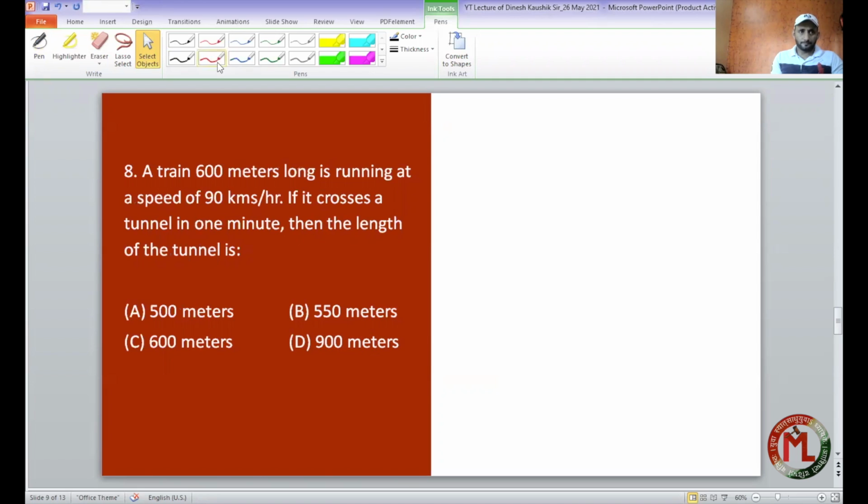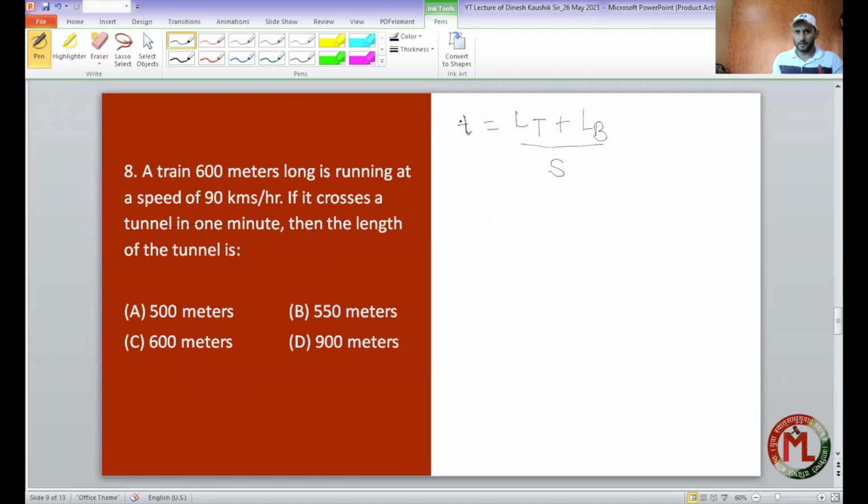Next question. We know that the time taken by a train of length L to cross a tunnel, bridge or a platform is equal to the length of the train plus the length of the bridge or platform, divided by the speed of the train.